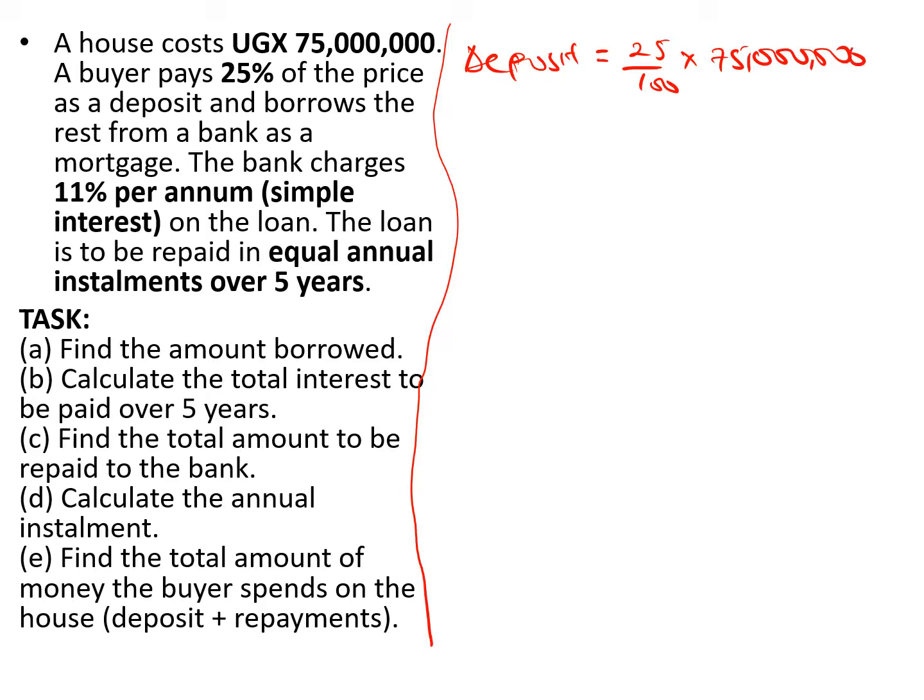And here we get our deposit as 18,750,000 shillings. So here, how much is borrowed?